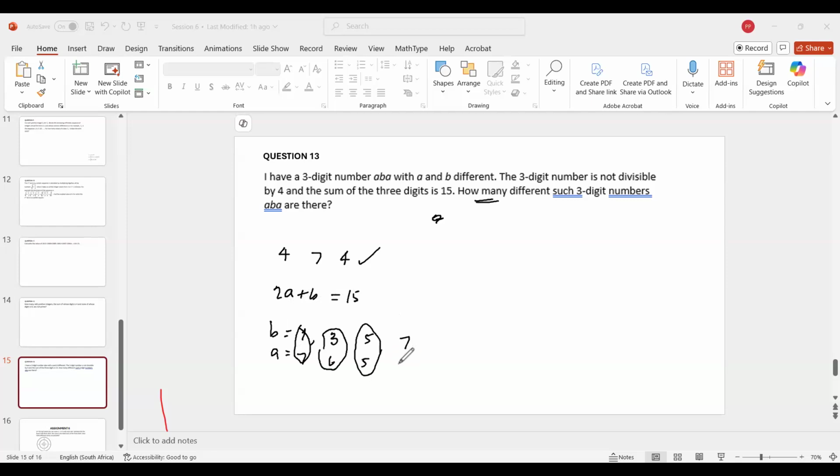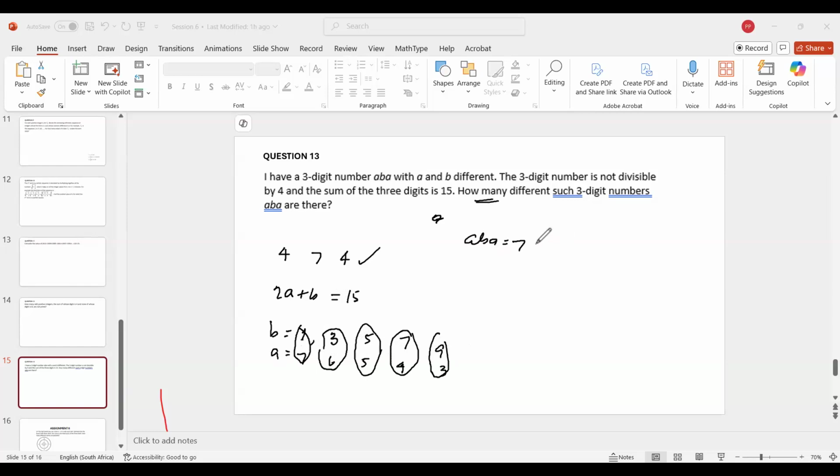If you have B as 7, then A is 4. And B is 9, 15 minus 9 is 6, so A is 3. So these are your A and B. So the numbers ABA: A is 7, B is 1.